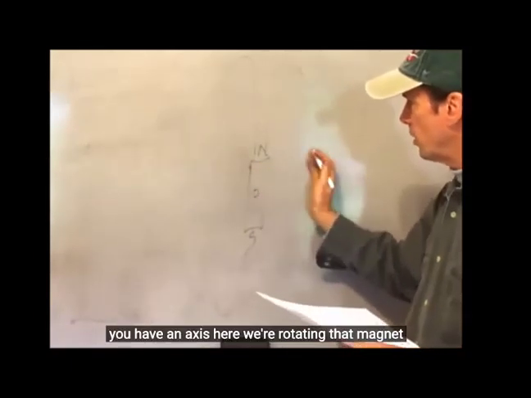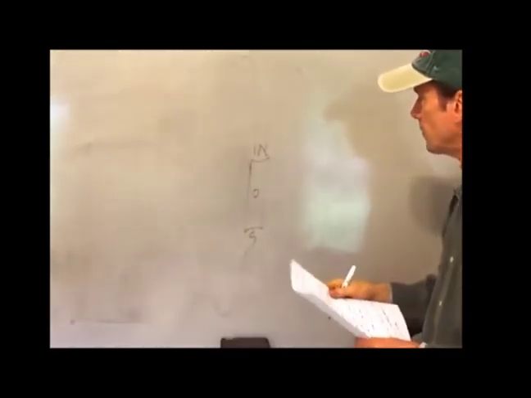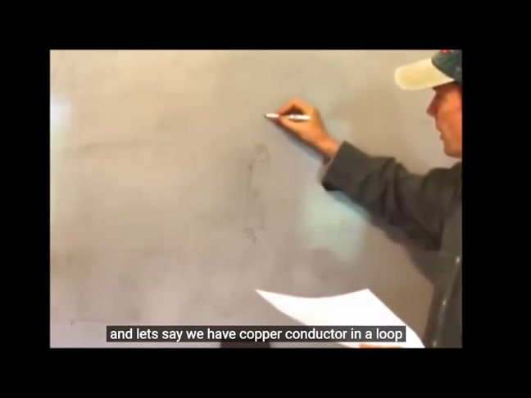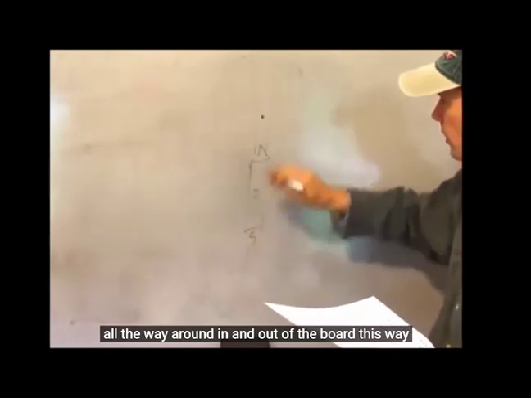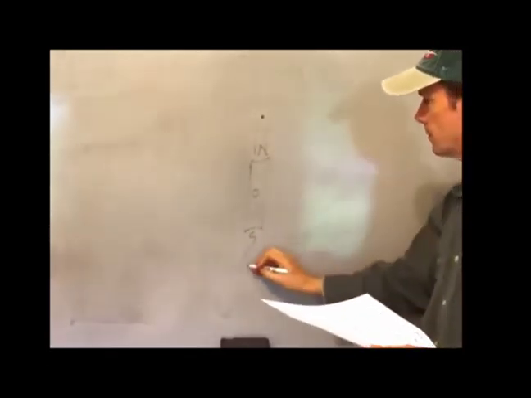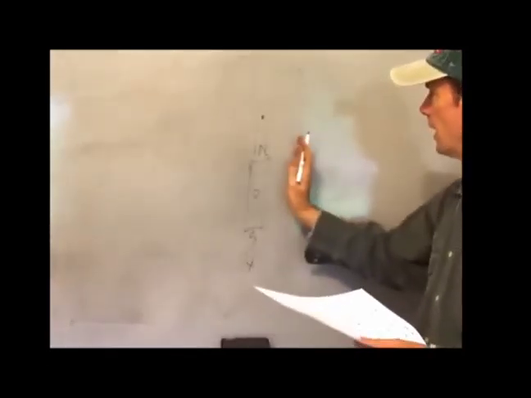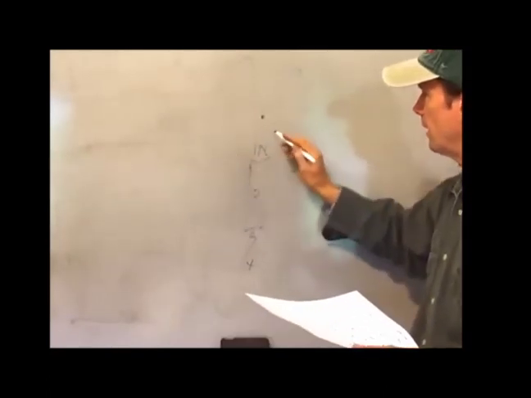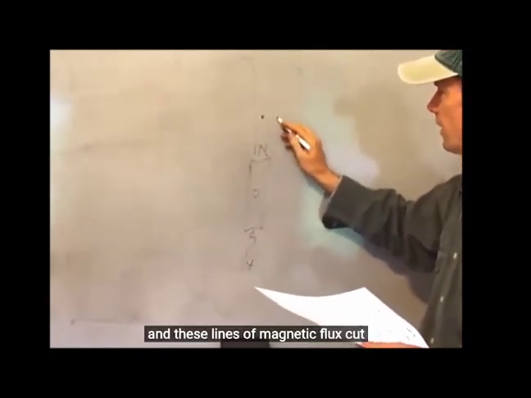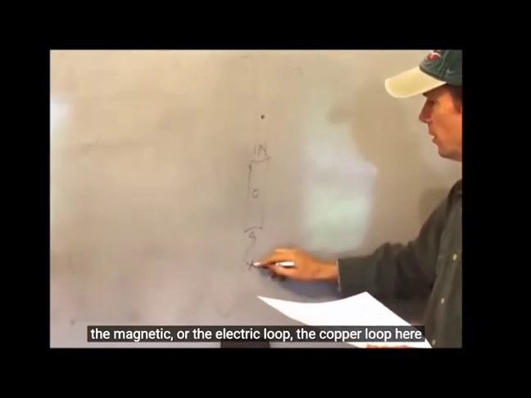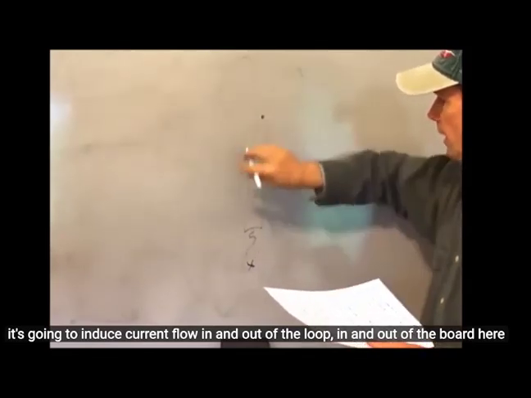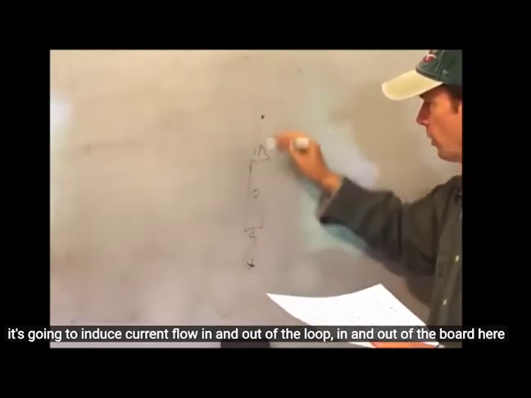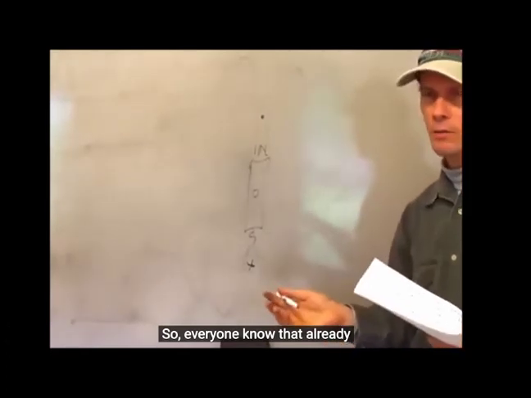We have an axis here and we're rotating that magnet. And let's say we have a copper conductor in a loop that goes all the way around in and out of the board this way. So as you rotate the magnet, and these lines of magnetic flux cut the copper loop here, it's going to induce current flow in and out of the loop, in and out of the board here. So everyone knows that already.